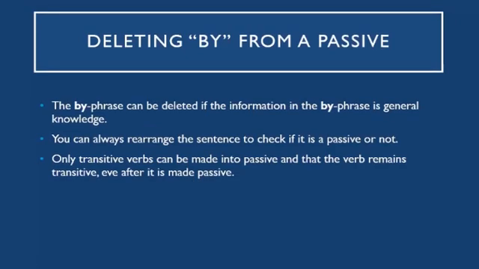And you can always rearrange the sentences to check if it is passive or not. All right? So this is the test. Rearrange the sentence. That is the test. If you are not sure if it is passive or active, well, change it to active. Back in the day, you were testing transitive verbs because you could what? Make them passive.